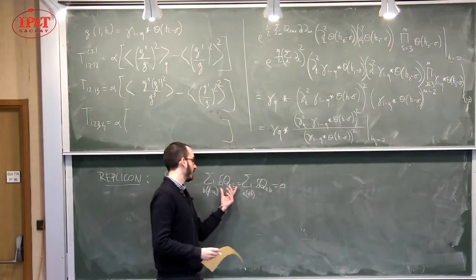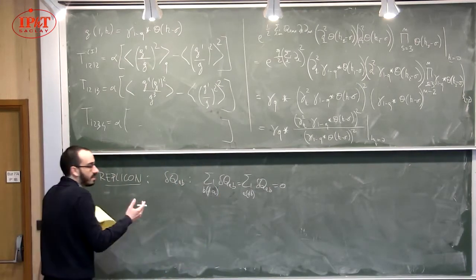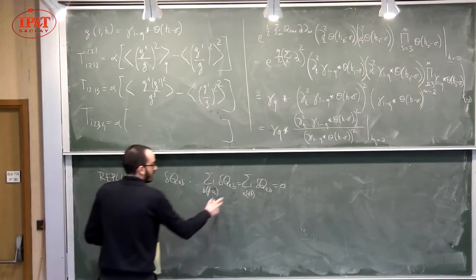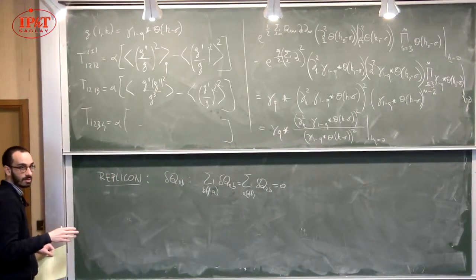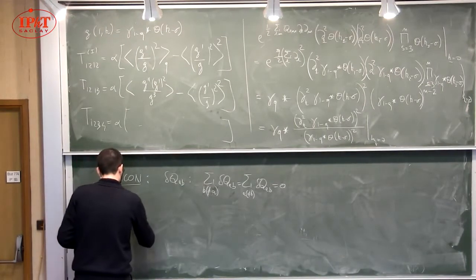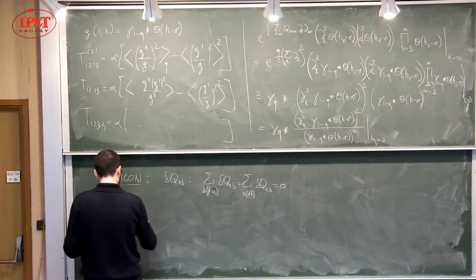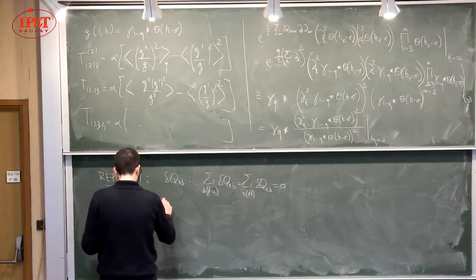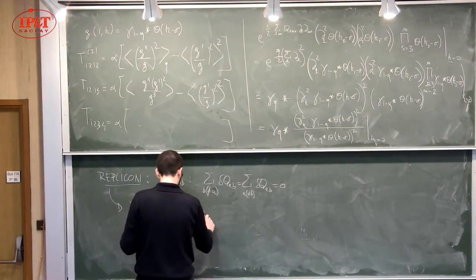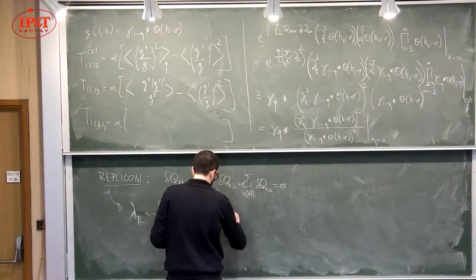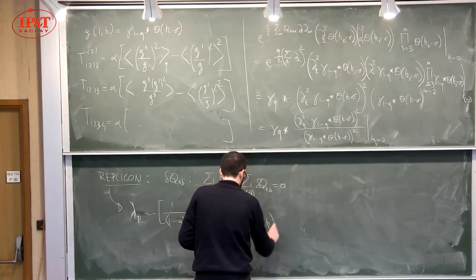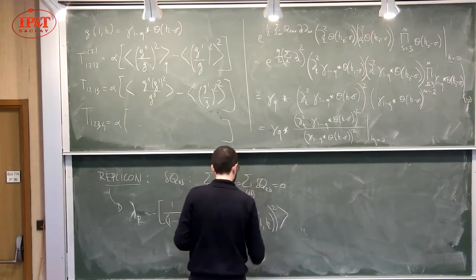So this is a constraint on the form of this matrix, and this defines a subspace in the space of the fluctuations delta Q. You can show that the matrices of this form are eigenvectors of the stability operator, and the eigenvalue is minus 1 over 1 minus Q. It's given by this.